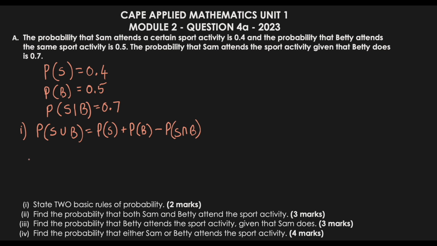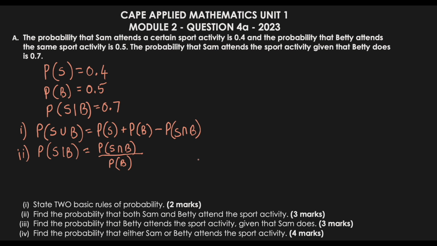So that's one rule. The next rule tells us what conditional probability is. For instance, P(S given B) is equal to the intersection of S and B divided by the probability of B. Whatever you have on this side, we divide by it at the bottom.